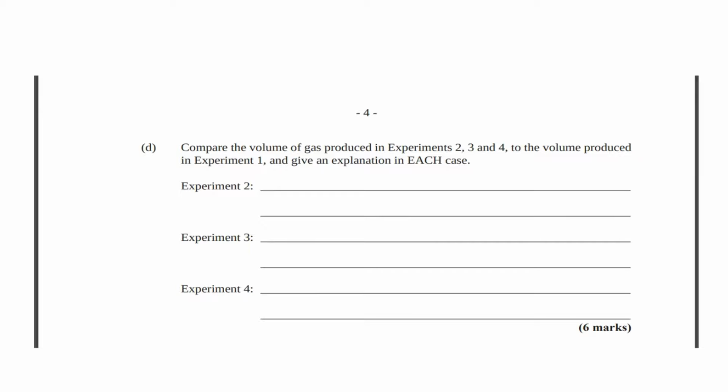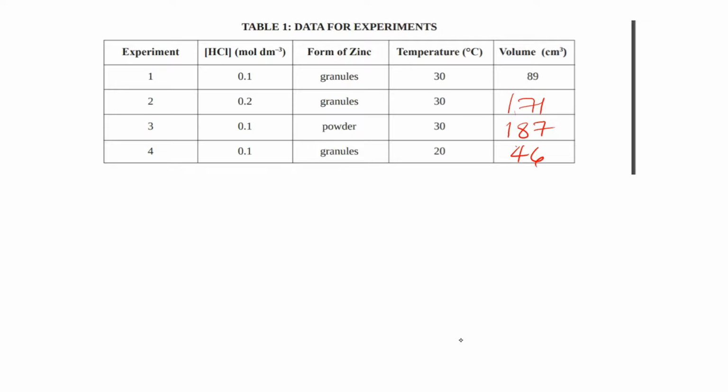So let's compare experiment 1 and 2. So experiment 1 and 2, what changed? So we have the form of zinc the same, temperature the same. So what changed is the concentration of the dilute hydrochloric acid used, right? And when they change the concentration, we're seeing an increase in the volume of gas liberated.